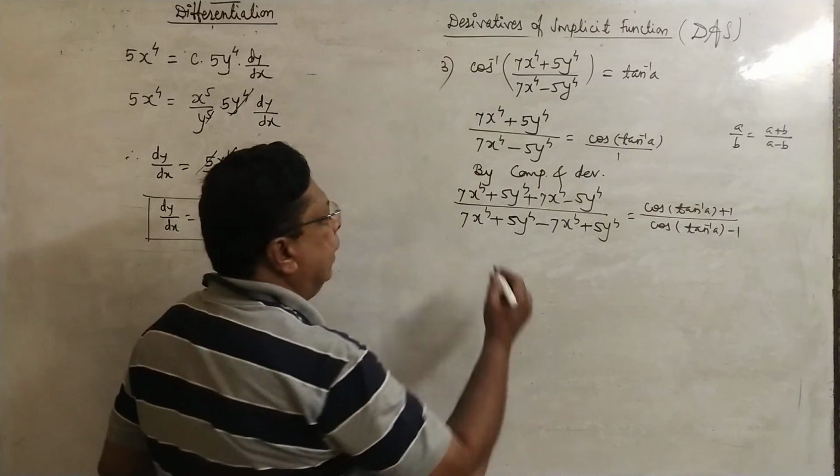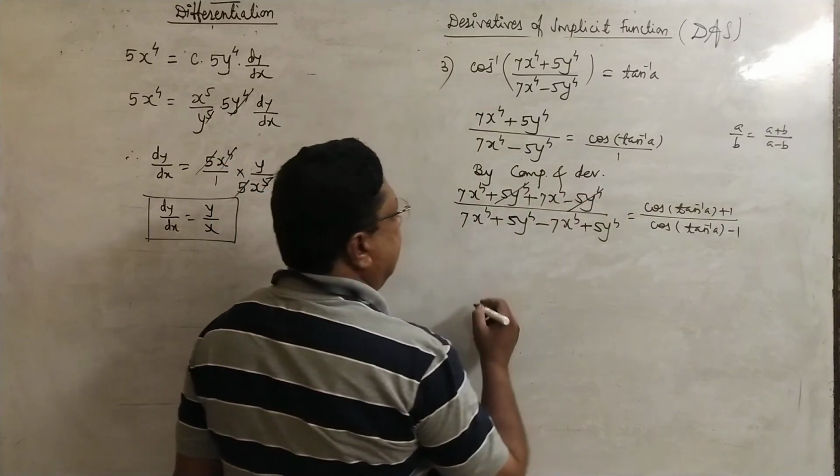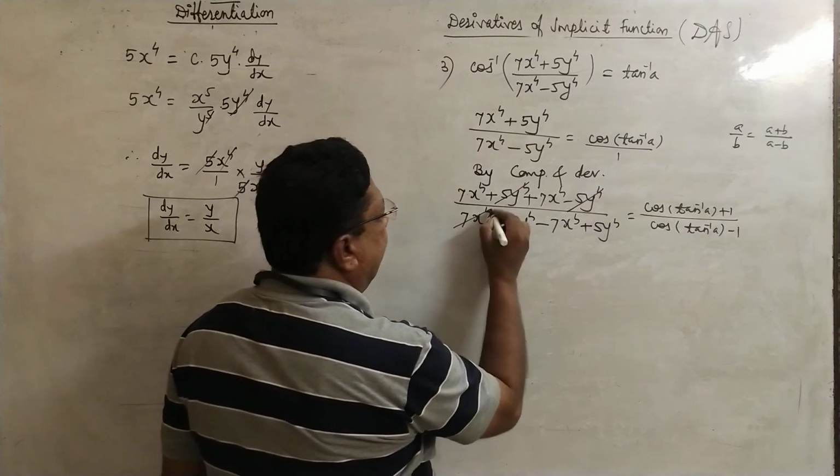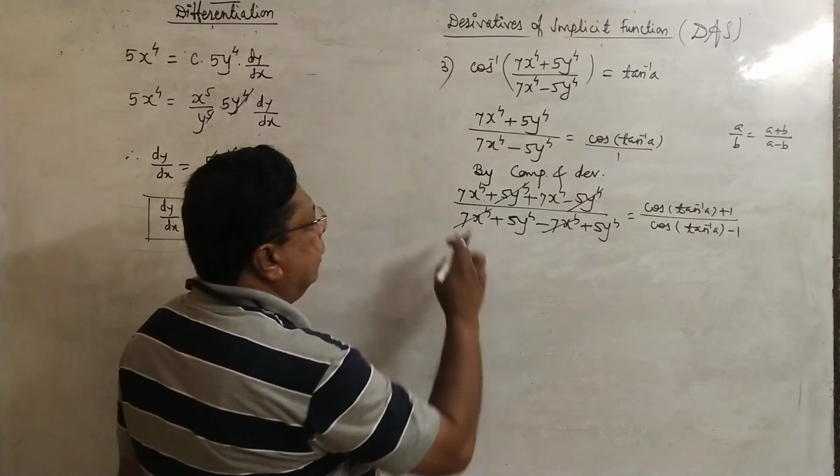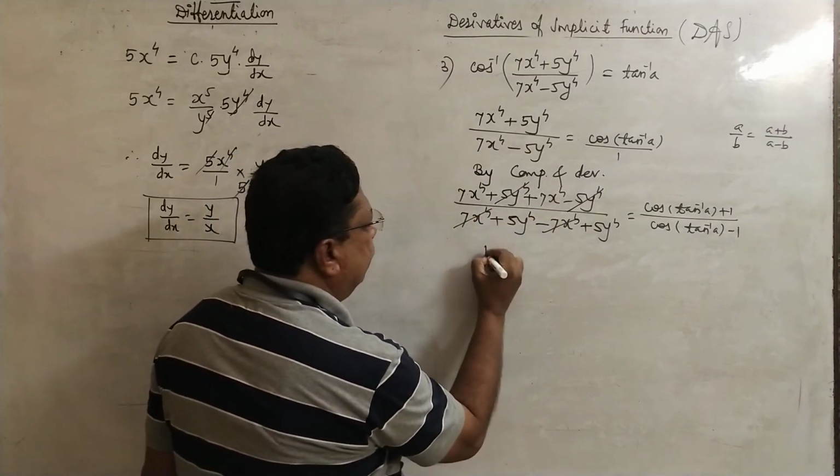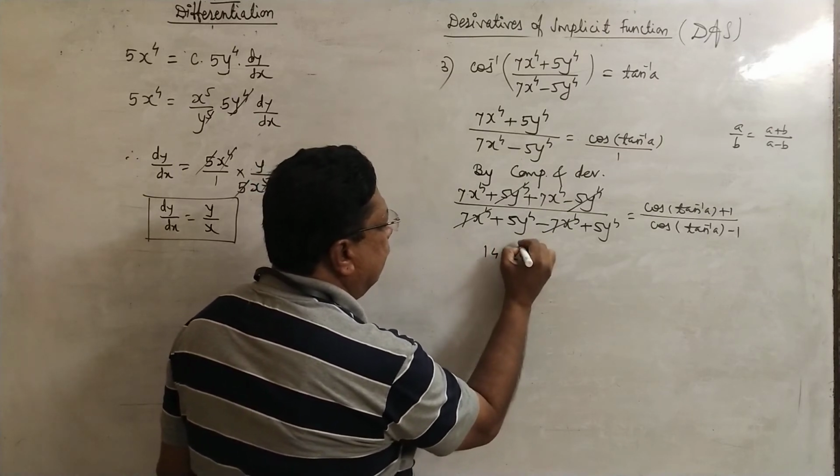Now simplify this. 5y raised to 4 gets cancelled, and in the denominator, 7x raised to 4 gets cancelled. 7x raised to 4 plus 7x raised to 4 is 14x raised to 4.